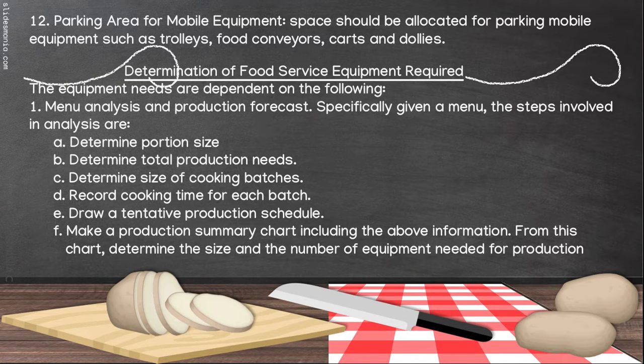Specifically given a menu, the steps involved in analysis are determine the portion size, determine the total production needs, determine size of cooking batches, record cooking time for each batch, draw a tentative production schedule, make a production summary chart including the above information.